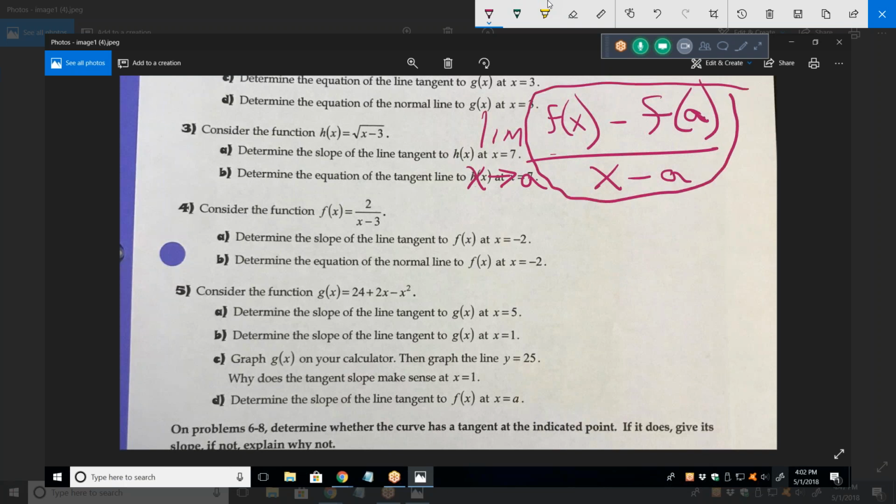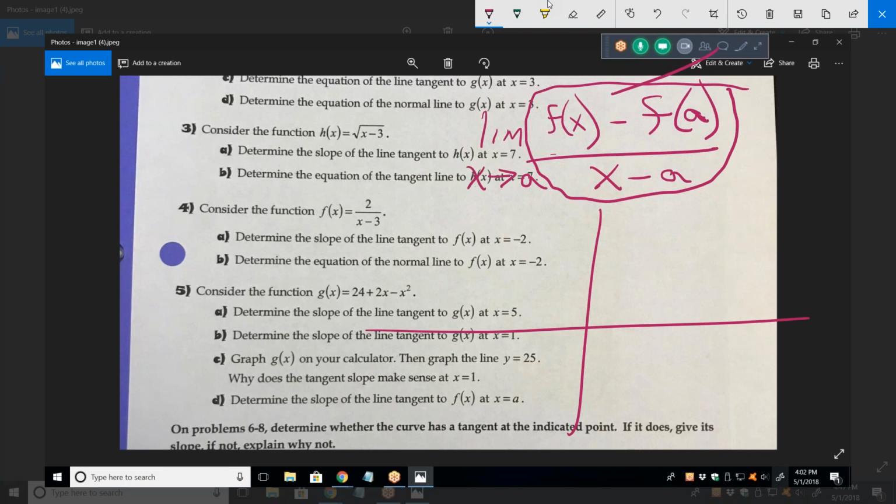It's just, to me, this is the worst way of all. It's still hard because you have to do all the complex algebra. And it only gives you the slope at one point, a. It does not give you the derivative function. And it's the derivative function that we're really interested in. We want to know what the slope of the tangent line is anywhere.